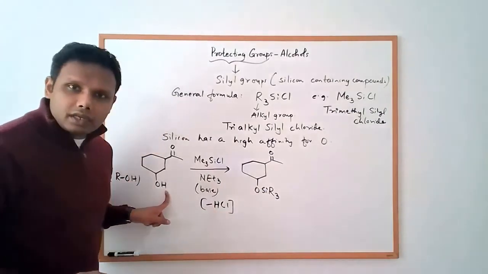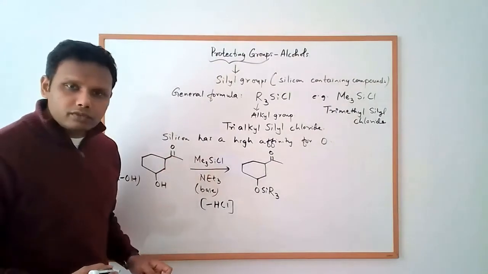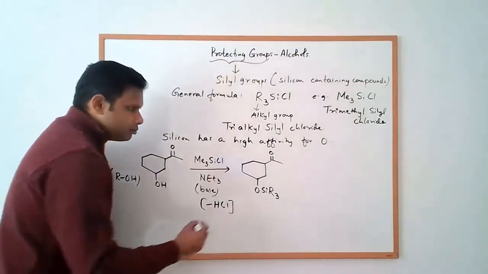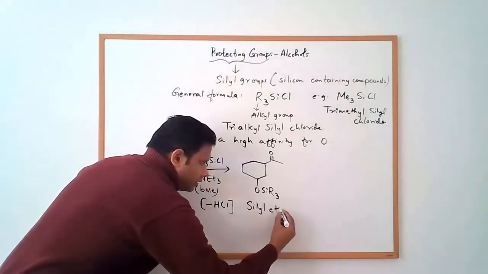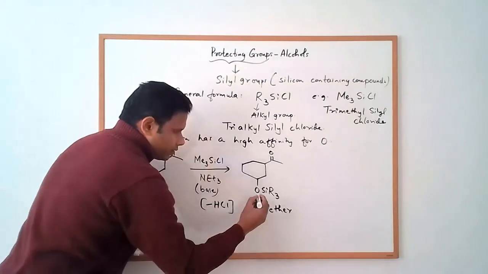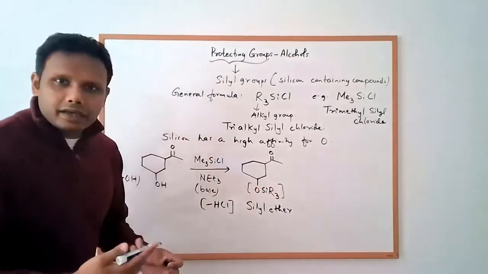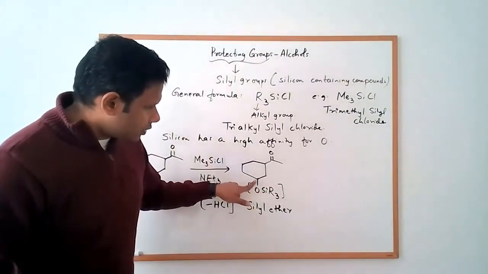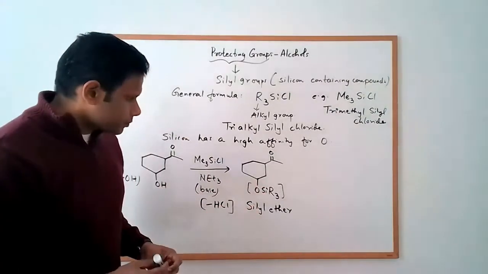You're losing this H, the hydrogen from the alcohol group, and the chlorine from the silyl group. So you get this intermediate. This is a silyl ether, this functional group here. That's called a silyl ether because you have an oxygen that's between a carbon and a silicon. So it's an example of a silyl ether.